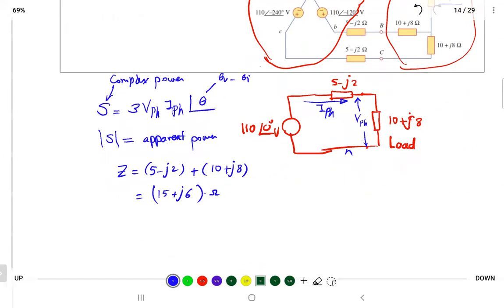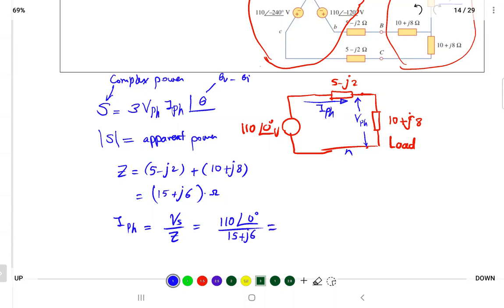Now I want to find the current. I phase is equal to the voltage of the source divided by the total impedance. The voltage of the source also is a phase voltage, I'm picking the phase one. So that will be 110 at angle 0 divided by the total impedance, 15 plus J6.